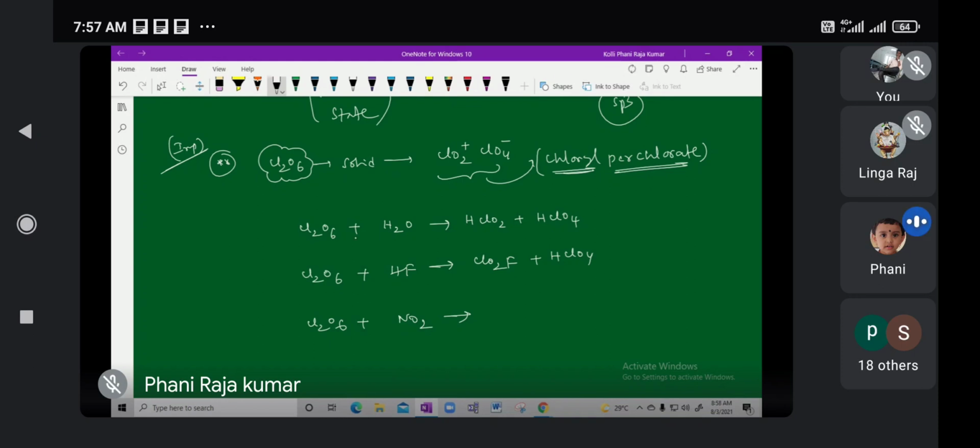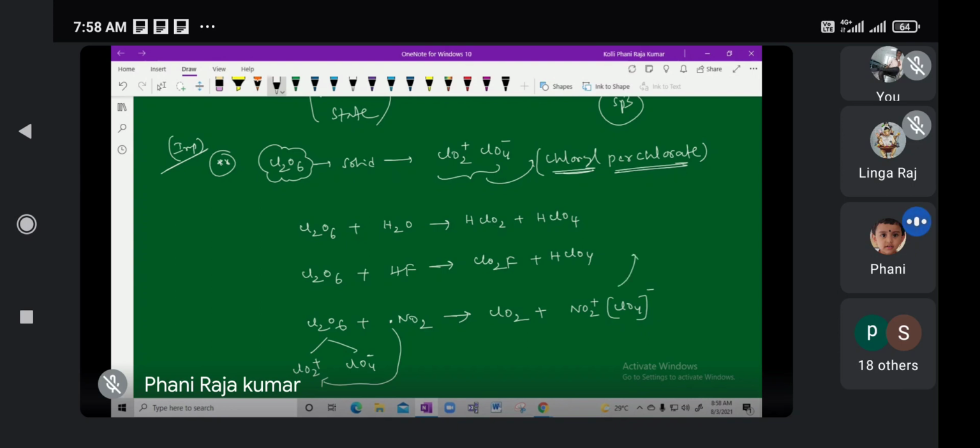With NO2: NO2 is an odd electron molecule. So ClO2 plus ClO4 minus. That electron is given to ClO2 plus. Then it becomes ClO2 neutral molecule, and NO2 becomes NO2 plus. That NO2 plus forms a salt with ClO4 minus. We are getting NO2 plus ClO4 minus.